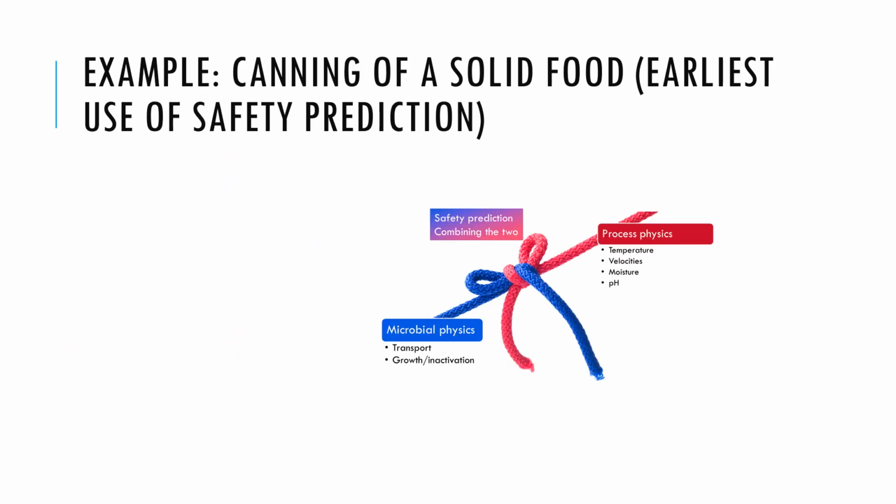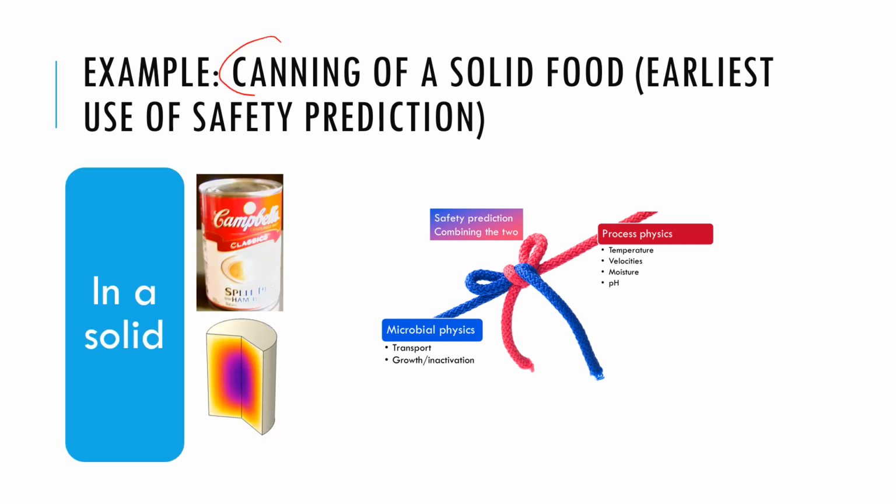So let's look at this first example, and I think of this one as the simplest possible example. It's an example from 100 years ago where we're talking about the canning process of a solid food. Being solid food, it's just heat conduction.